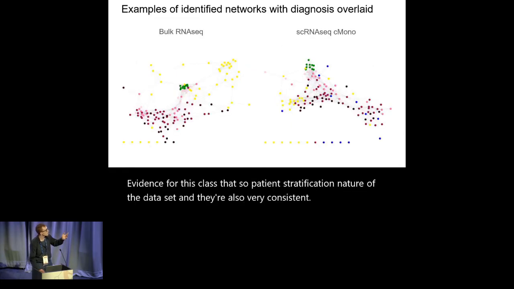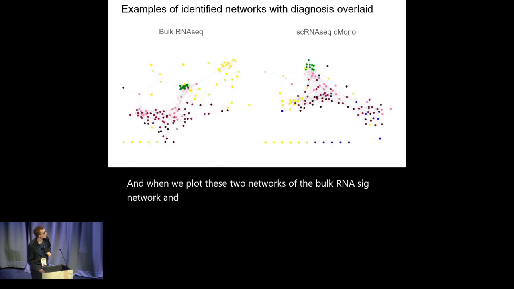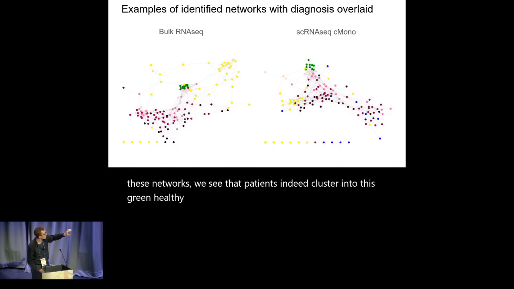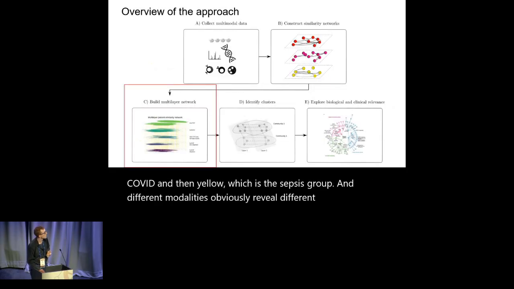And when we plot these two networks, the bulk RNA-seq network and classical monocyte network, we can see that when we overlay the diagnosis information on top of these networks, patients indeed cluster into this green healthy cluster, then expand into the red, more severe COVID, and then yellow, which is the sepsis group. And different modalities obviously reveal different types of information.